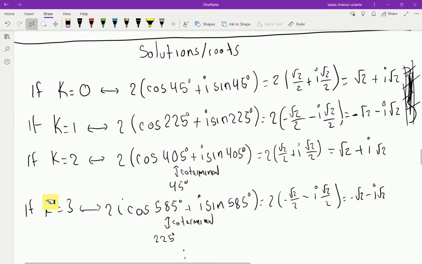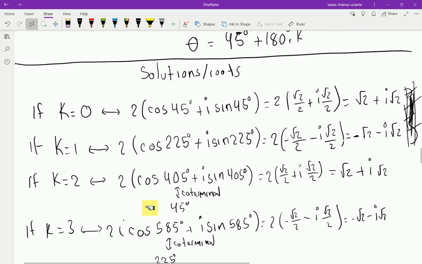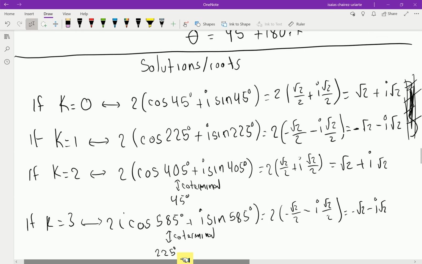Now, if k equals 3, that's going to be 45 plus 180 times 3, which is 540, plus 45, that's 585. And it turns out that 585 is coterminal to 225.